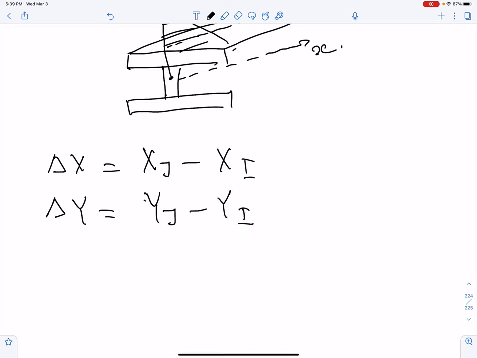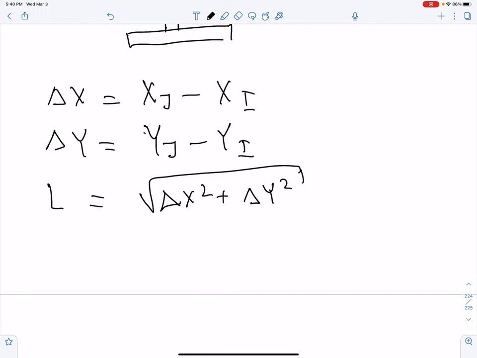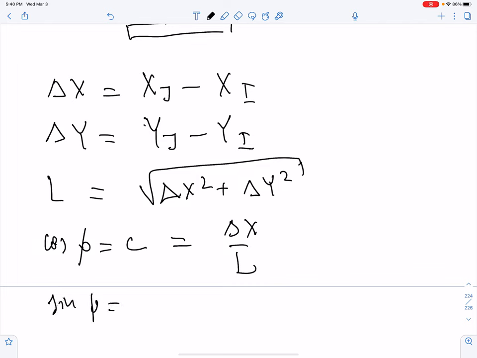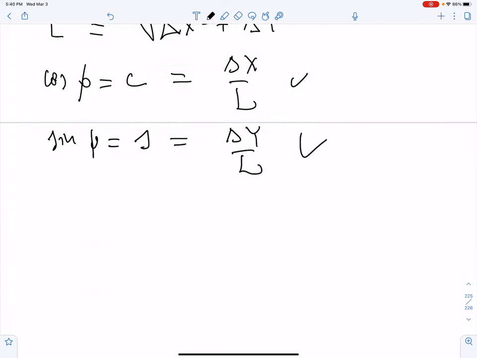The length is as before, the square root of delta x squared plus delta y squared, using the global coordinates, and cosine phi, or we call C, is delta x over L, and sine phi, or S, is delta y over L. Okay, using these definitions, using fractions. All right.